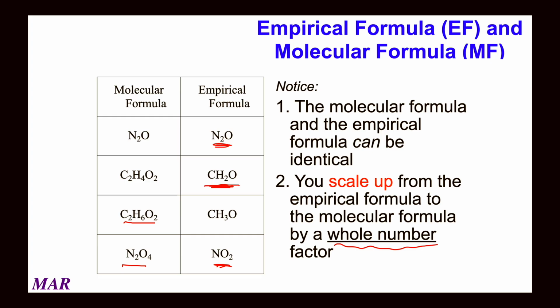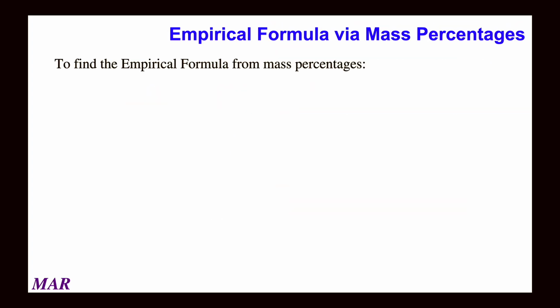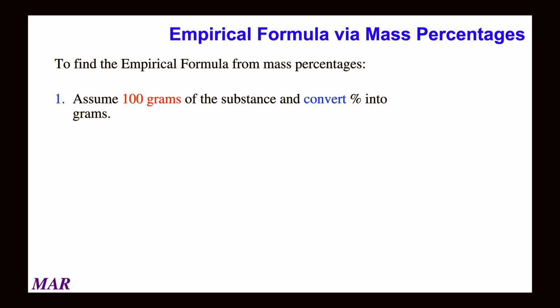It's never a fraction. You can find the empirical formula from mass percentages, and that's why we're studying both of these things right now. And it's kind of a cool concept. If you're going from a mass percentage to an empirical formula, there are some rules that will help you out. First of all, always assume 100 grams total, because whatever your percentages are, those will represent the grams of those elements.